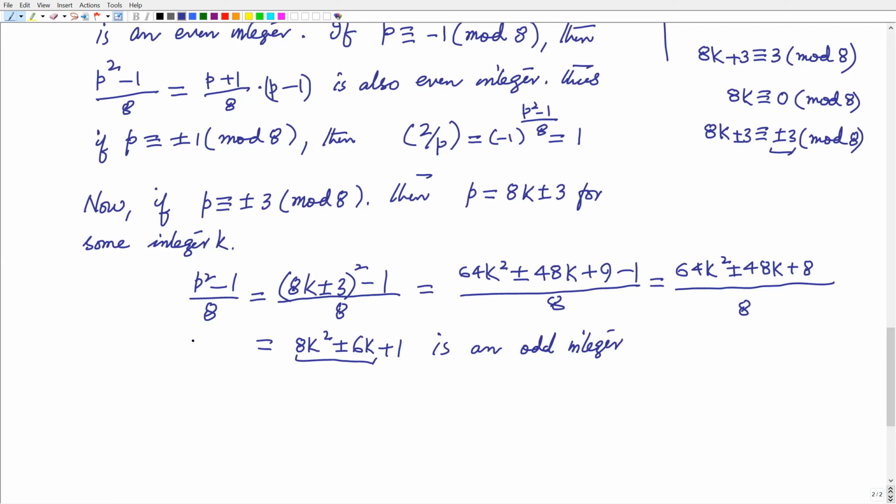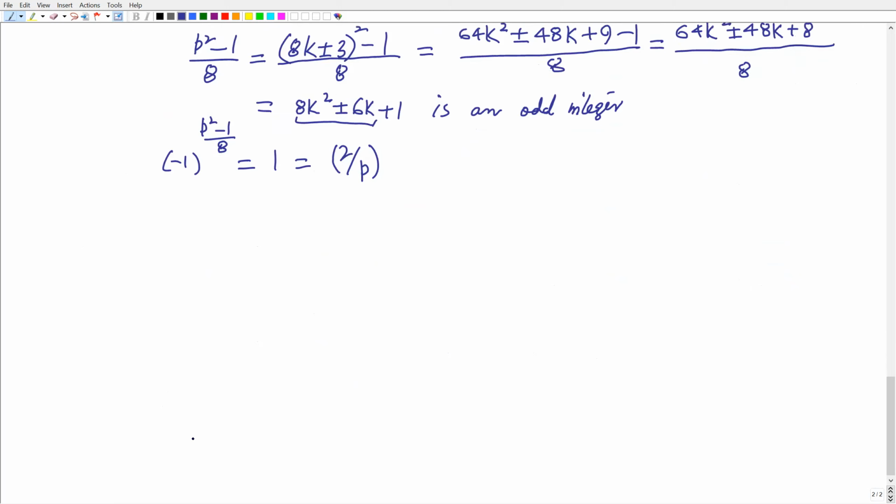So if this is an odd integer, then minus 1 to the power (p square minus 1) by 8 is equal to minus 1, and this is the Legendre symbol of 2 over p. Okay, so there is another procedure to find the Legendre symbol.